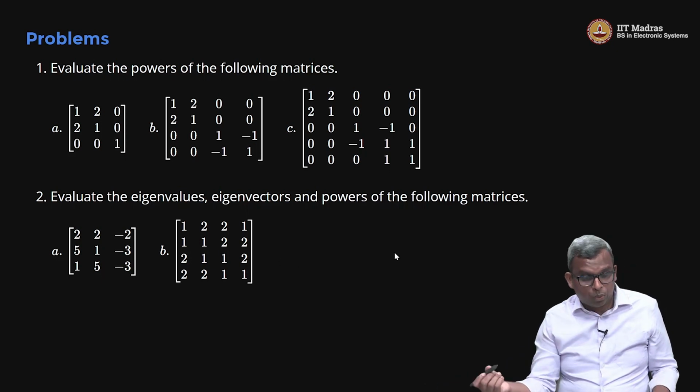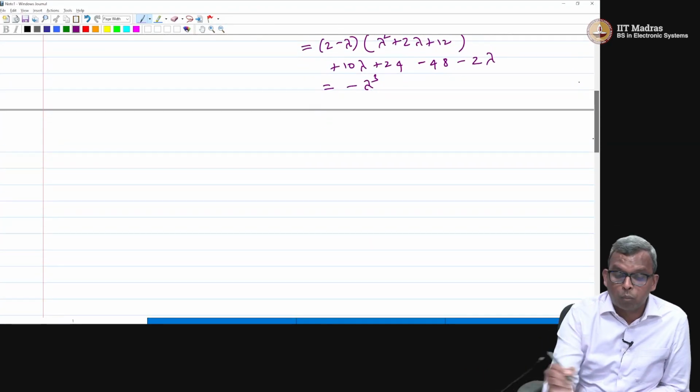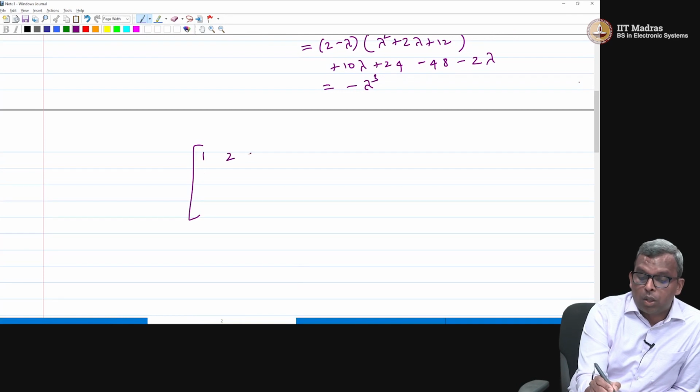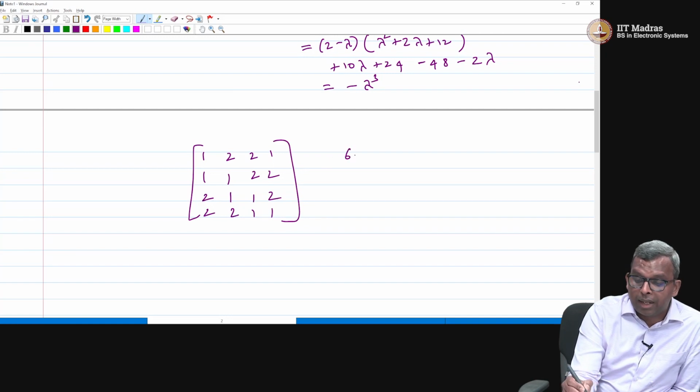Okay, so here is a way to think of this example. Maybe I should do this example in some detail here. So you've got 1, 2, 2, 1. Later on, you'll see that there are other clever ways of doing this particular problem. But anyway, knowing what we know now, we can do this. Clearly, 6 is an eigenvalue, and the eigenvector corresponding to that is 1, 1, 1, 1.